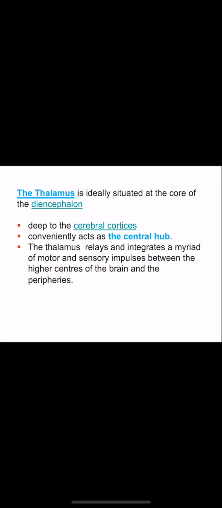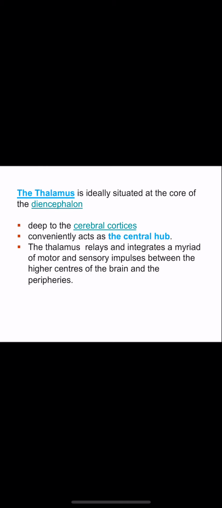The thalamus, as an important part of the diencephalon, lies in the core of the diencephalon. So the diencephalon is in the core of the brain, in the center of the brain, and the thalamus itself is again in the center of the diencephalon. It lies deep to the cerebral cortices, where it acts as a central hub, and you know the hub like that used in internet or intranet services.